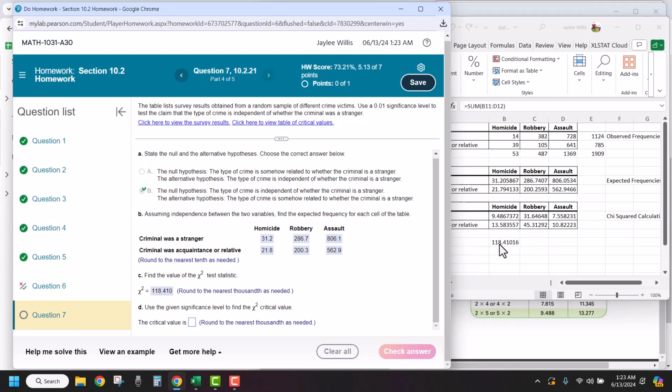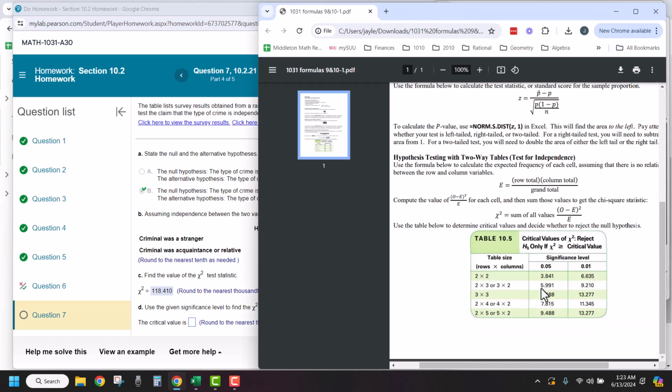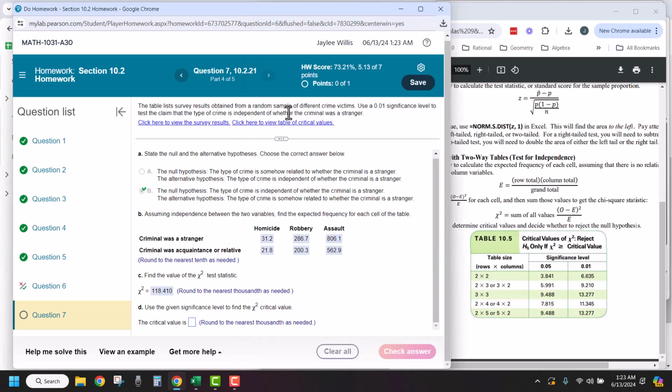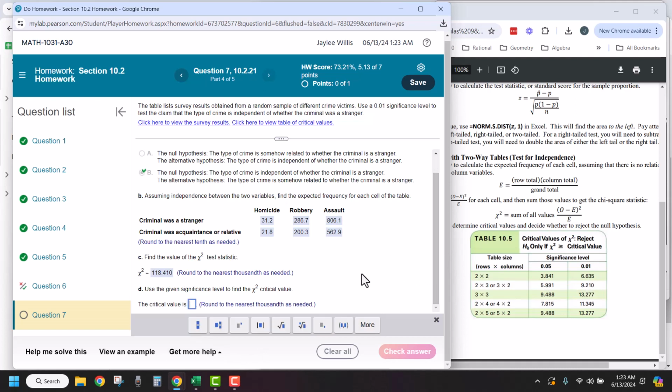And then since our chi-squared value was so much bigger than the significance level, we were actually going at 0.01, so we'd actually compare it to this one. But our chi-squared value is still much bigger than that. And our critical value for this would be this 9.210 that was given.